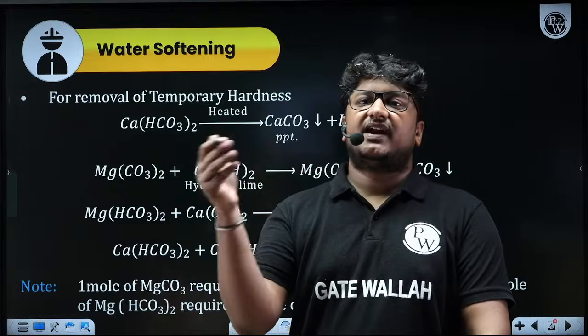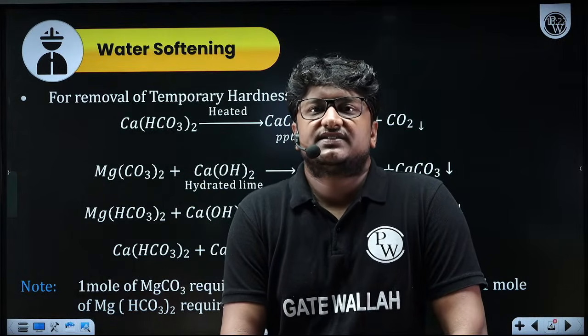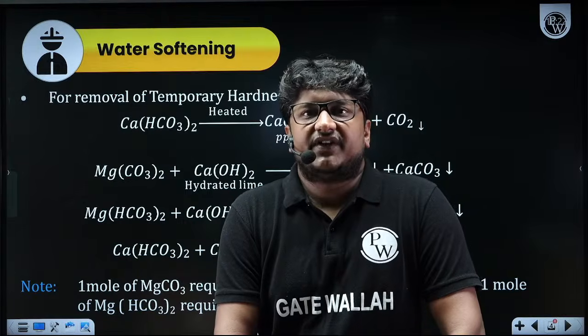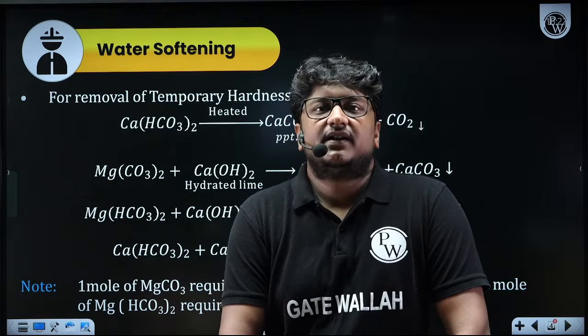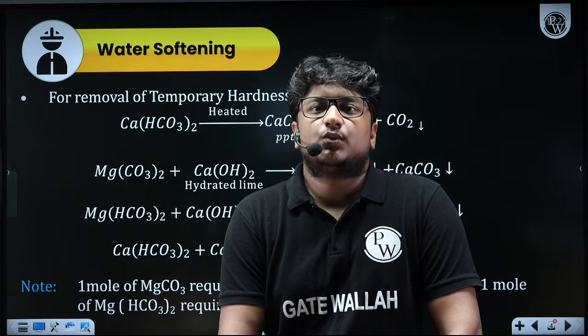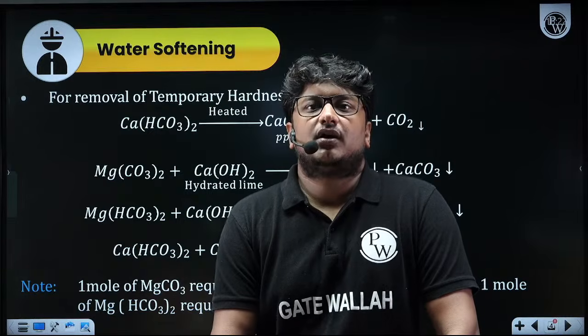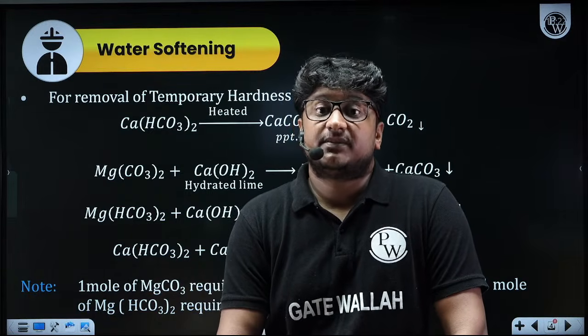If they react with non-carbonates like chloride, SO4 minus, that means sulfates, nitrate, in that case that is what we call non-carbonate hardness, or with another name, permanent hardness.